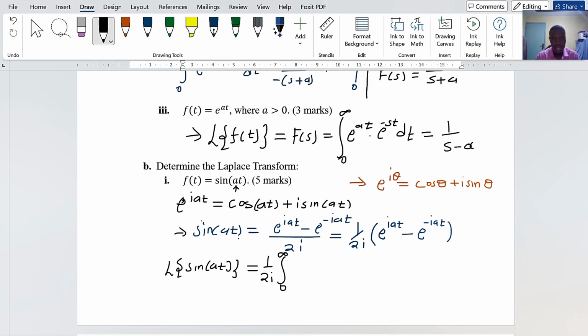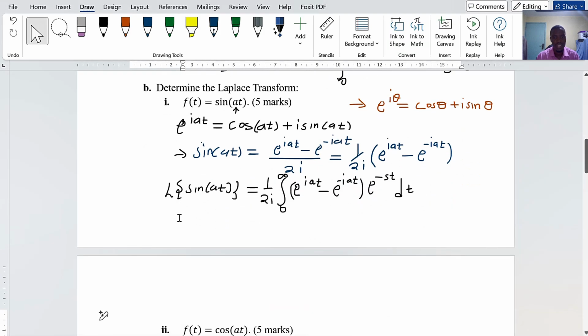Our f of t, which is sin at, we now know is (e^(iat) minus e^(-iat)) times e^(-st) dt. So this is what we want to work on.